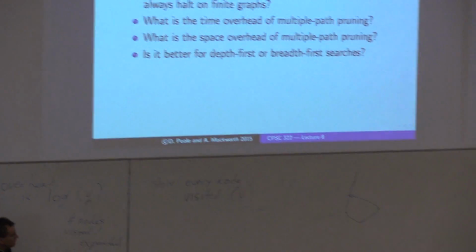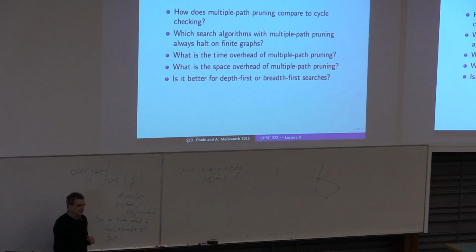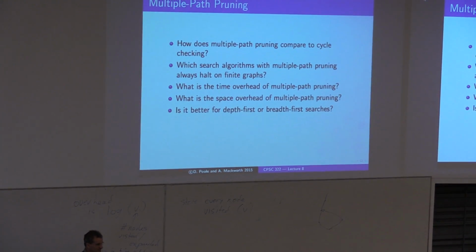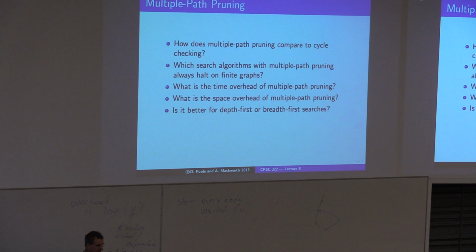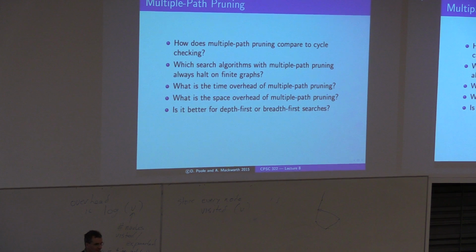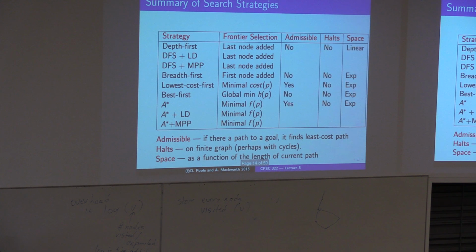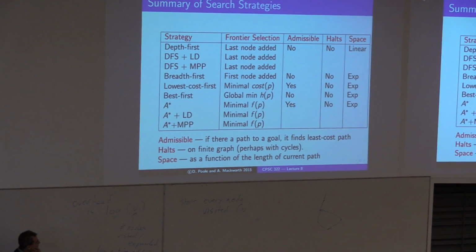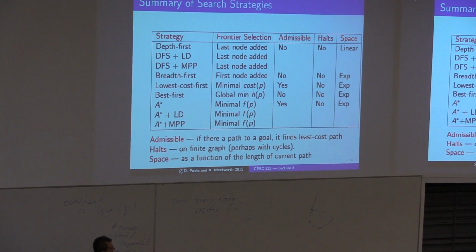So is this better for depth first or breadth first searches? And why? To answer this question, let's go down to here. This is the table that we saw last time.